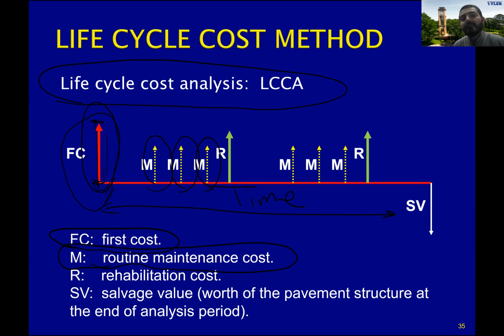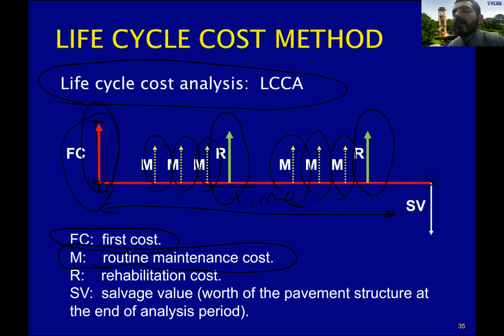And then maybe 10, 15 years from the first cost, I'm going to have a major rehabilitation, such as a 4-inch overlay, compared to the routine maintenance, which can include crack seal, fog seal, and seal coating. All of these are routine maintenance, but the rehabilitation is somewhere between 2 to 4 inches worth of overlay. Then time passes, and there's going to be another routine maintenance and maybe another rehabilitation.